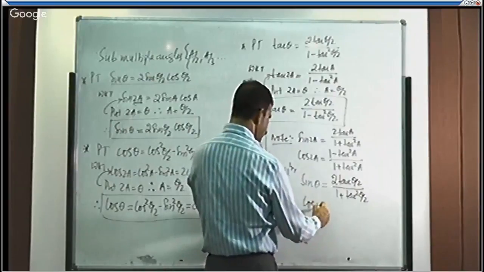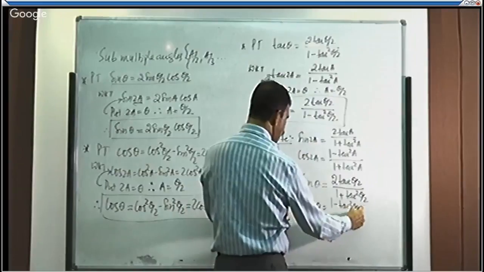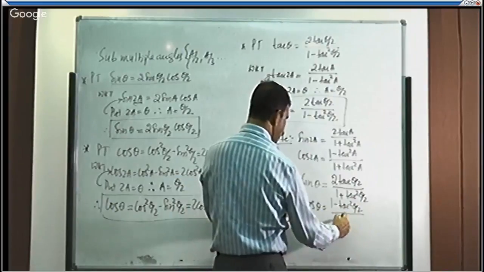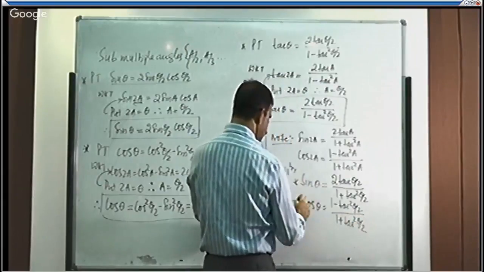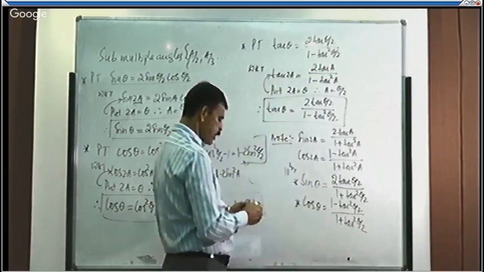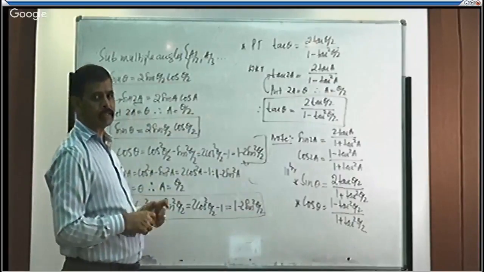And cos theta is equal to 1 minus tan square theta by 2 divided by 1 plus tan square theta by 2. So these are all considered as compound angles.